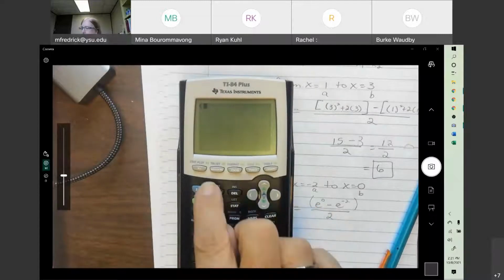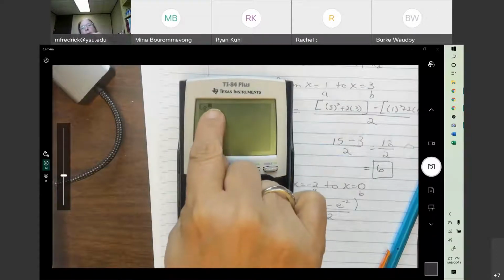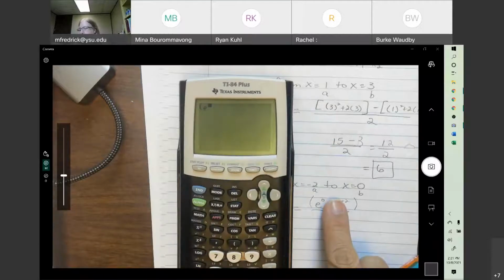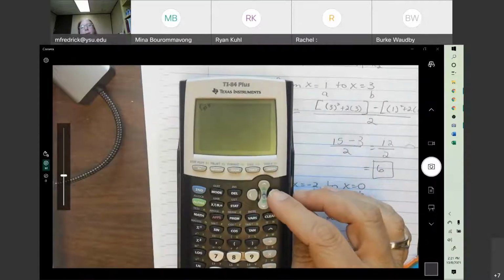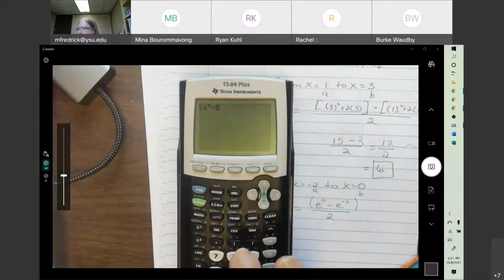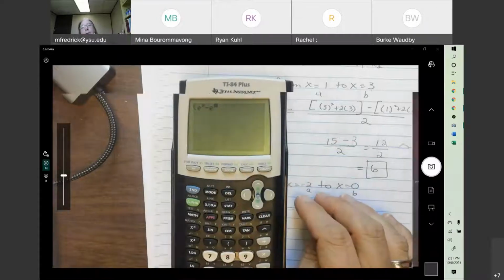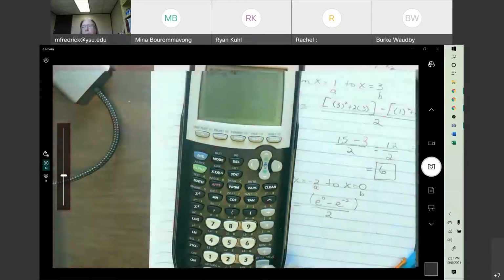So I put my parenthesis, then for my E, I hit second and the LN button. Notice it puts the exponent up there already, and I just put my 0. But then you have to push the right arrow to come back down. And then minus, bring the E on again. And -2. Make sure you're hitting negative for the 2.